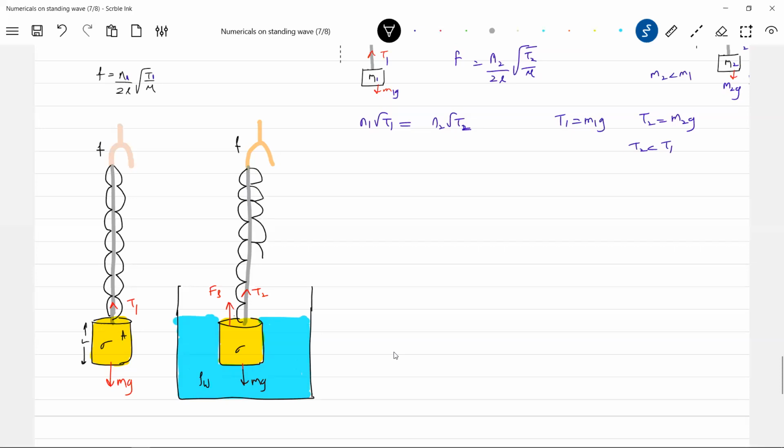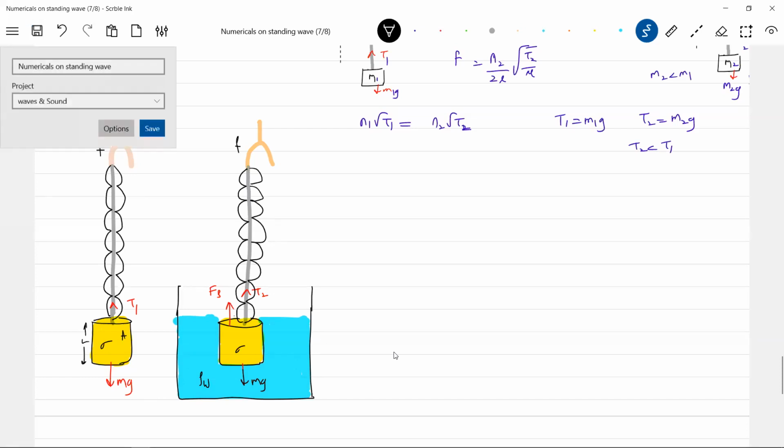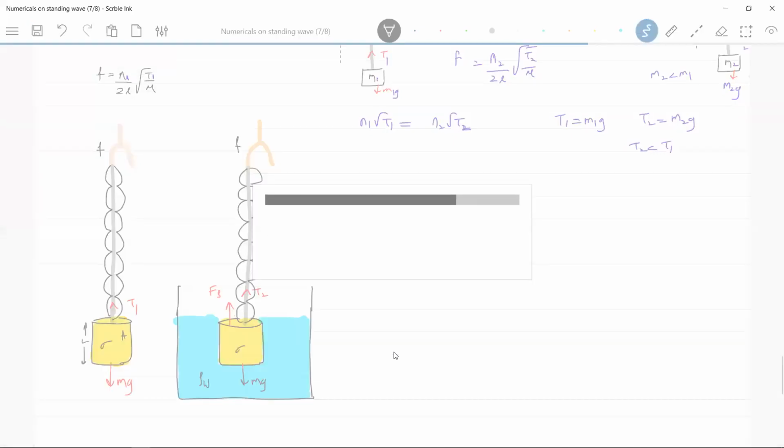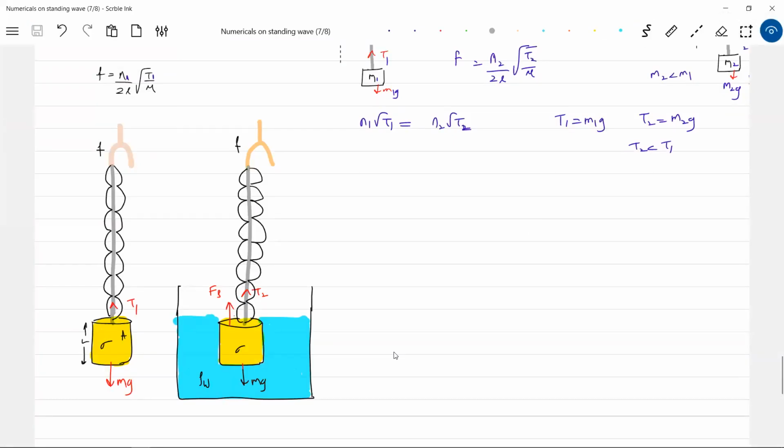Please count it. This is the thing. The same tuning fork is in unison with the wire, or in resonance. The word unison means the same tuning fork is in unison again with the same wire. The string is having mu. The length of the string didn't change, L as it is. We didn't change the length of the string.